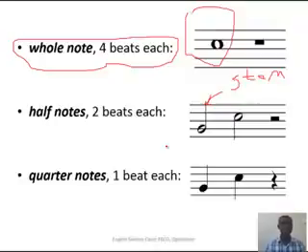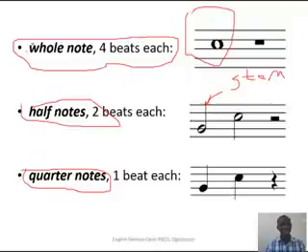A half note is also the same as minim, while a whole note is also the same as semibreve, and a quarter note is also the same as crotchet. So this is a crotchet, this is a minim, and this is a semibreve. A quarter note has a beat value of 1, and you can see the difference.